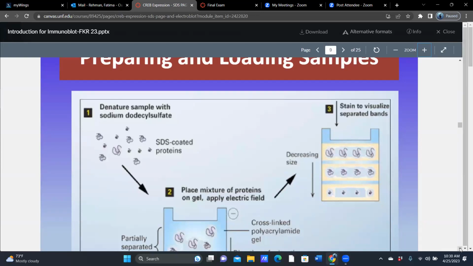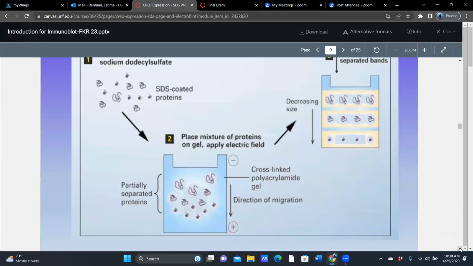You want to add beta-mercaptoethanol or DTT, right, which is a reducing agent, and that's going to separate out all those hydrogen bondings and all those cross links so that the proteins are linearized.